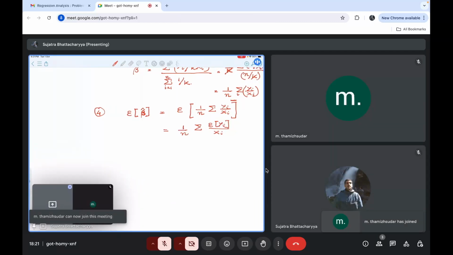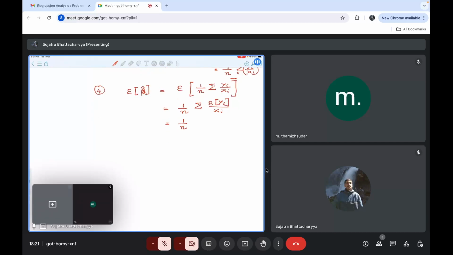So this will be 1 by n as it is. And further, let me start with this: yi is equal to beta xi plus epsilon i. This is given as the no intercept model.